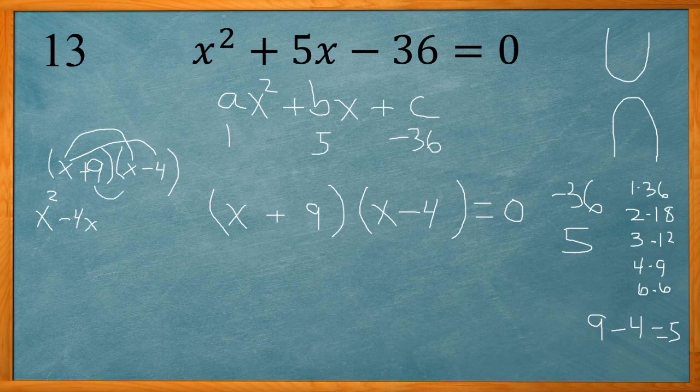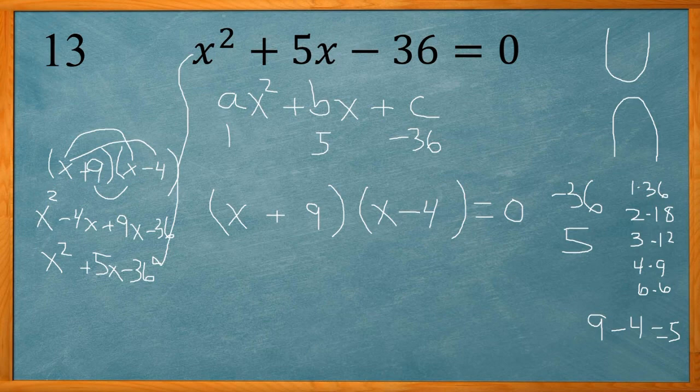Then 9 times x is 9x. And then 9 times negative 4 is negative 36. So that gives me x squared, negative 4x plus 9x gives me 5x, positive 5x, minus 36. Okay, so I got back my original, so that works out.